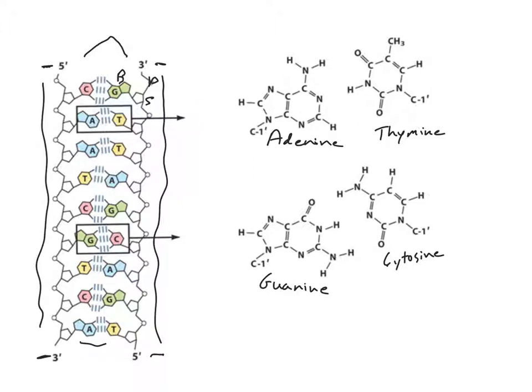Here we have the adenine, and the base is connected to a sugar at this C1 residue. The C1 residue is part of a sugar that has 5 carbons. Carbon 2 would be down here, carbon 3, carbon 4, and then carbon 5 is up off by itself. Linked to that carbon 5 of this sugar is a phosphate group.